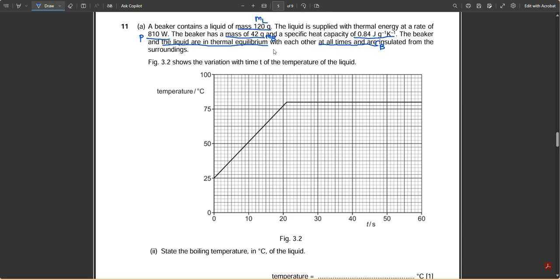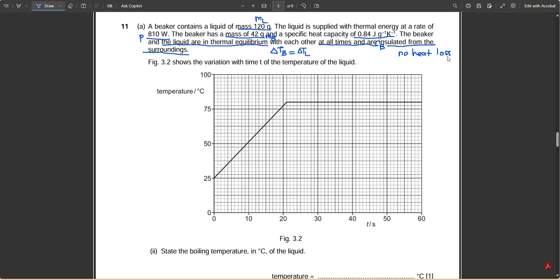Then in here we can say the delta temperature of the beaker will be the same as the delta temperature of the liquid. And then both of them are insulated from the surrounding. That means no heat loss.